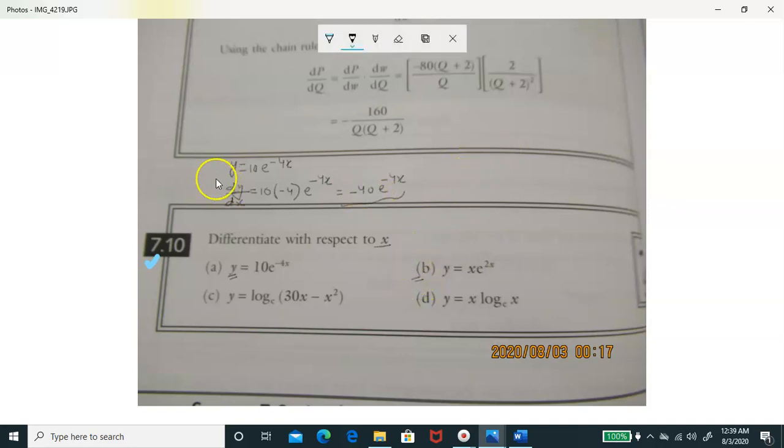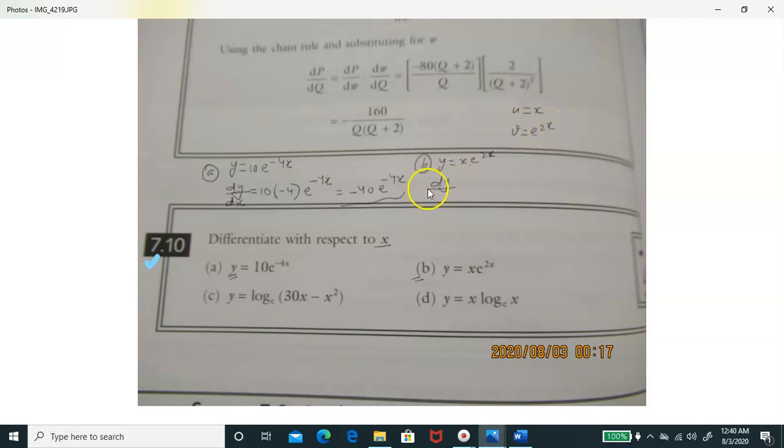Number b is what? y equal to x e^x, right? So we have two things here, and we want to differentiate with x. We can use the product rule. So we can say that u is equal to x and v is equal to e^x, right? And let us see.